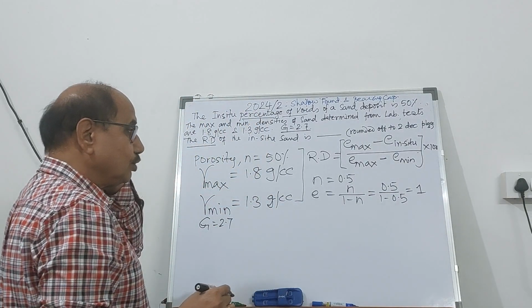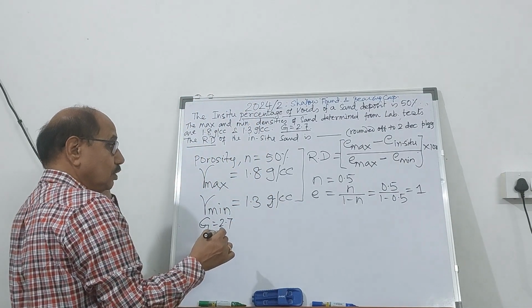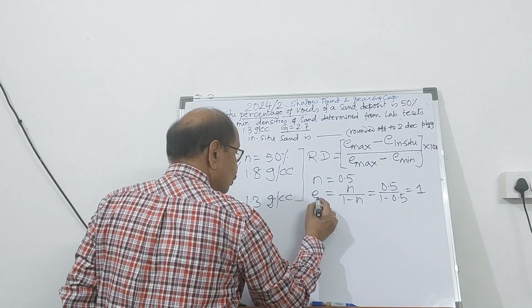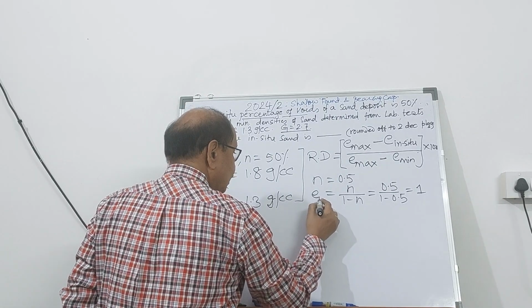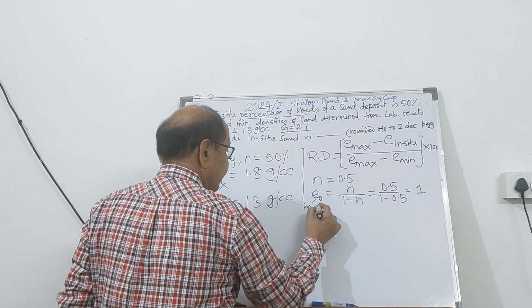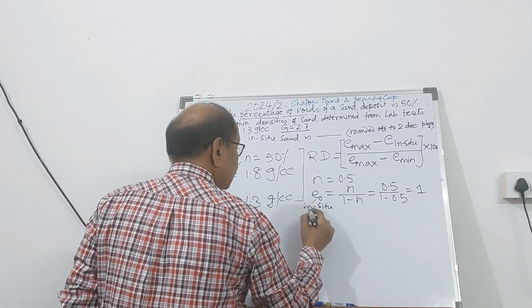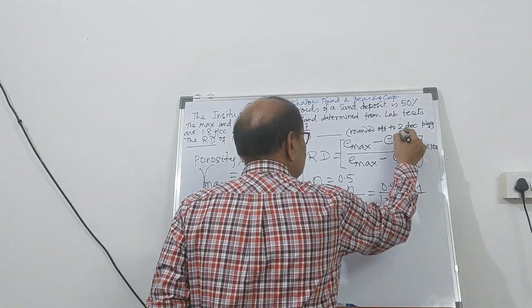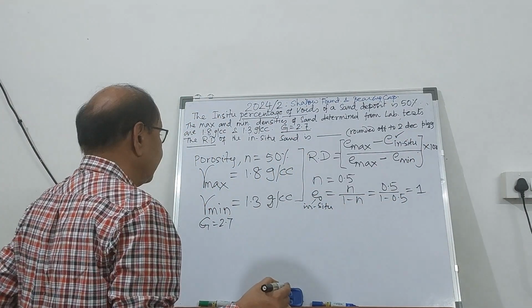So the void ratio is known to us now. This is the in situ void ratio, or e0, we have been able to calculate.